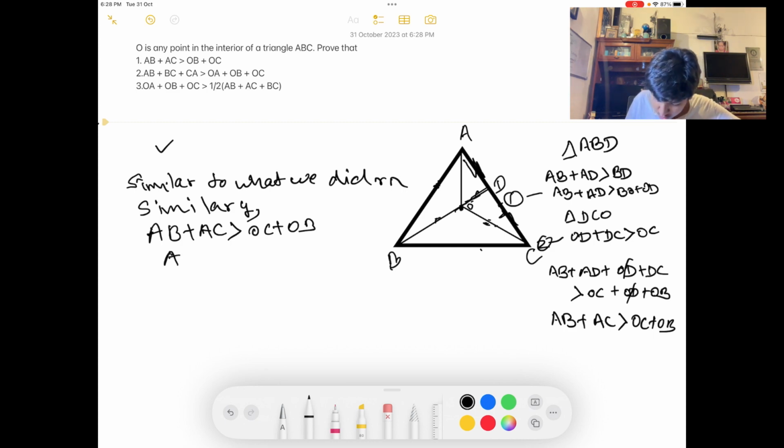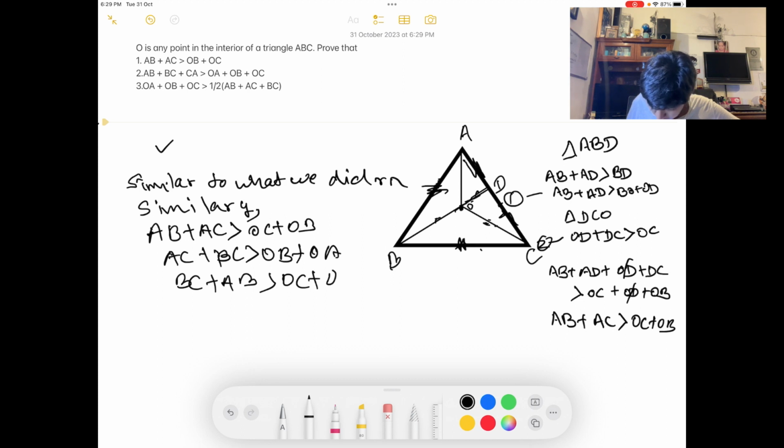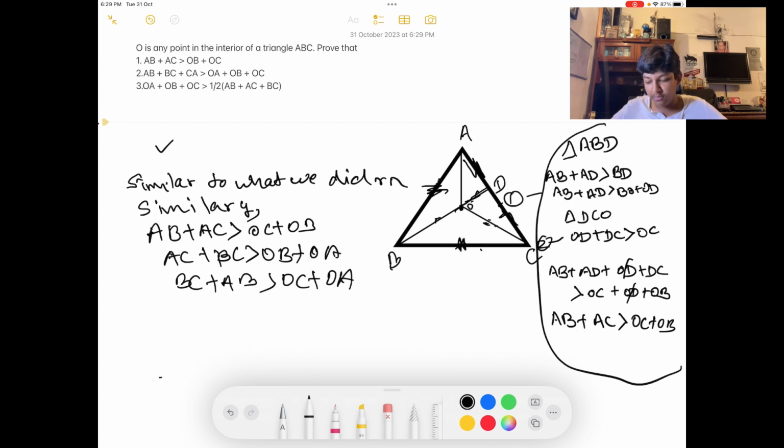Similarly, we can show that AC plus BC is greater than OB plus OA, and BC plus AB is greater than OC plus OA, right? And this is also using the same property of whatever we did over here.